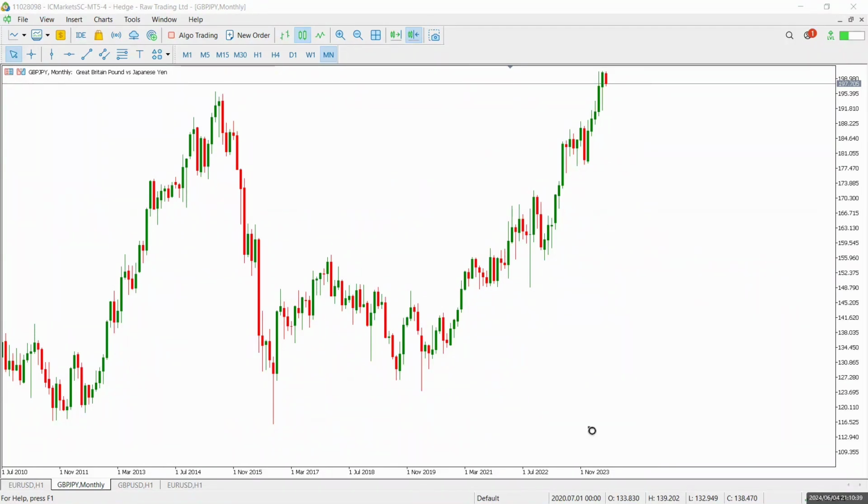So in the understanding of structures, you hear about fractals all the time. What are fractals? Fractals are the lengths of the exhaustion. Remember we said that when price makes a push, there must always be an exhaustion. Now, fractals are not about the length of the push. Fractals are about the length of the exhaustion. That is what fractals are.